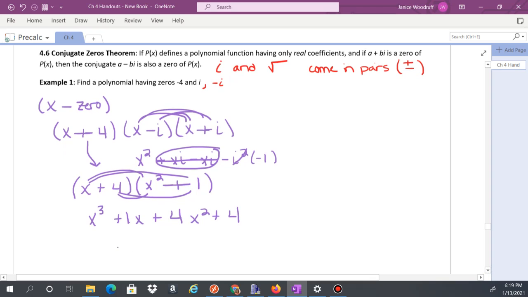We just put it in order. So we say p of x, the polynomial of our function x, is x cubed plus 4x squared plus x plus 4. So it's pretty easy as far as you're just multiplying. Okay, but it does get a little complicated, especially when you have things like 2 plus i radical 6 or something like that.